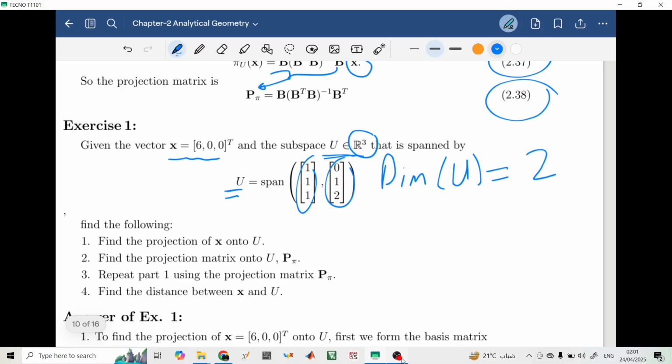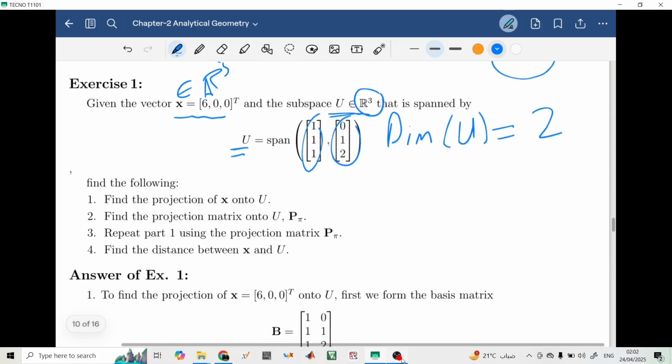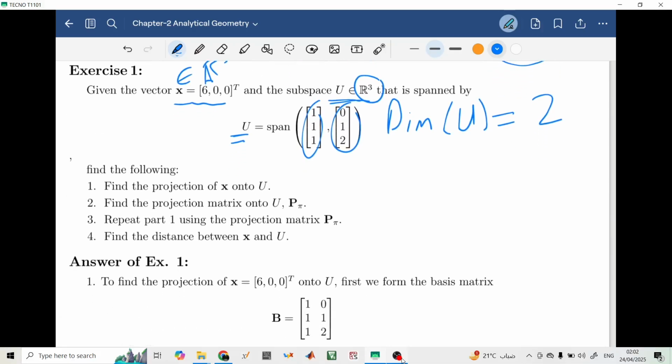Nonetheless, X here, of course, belongs to R3 because it has 3 components, and its projection belongs to U and R3, of course. Why? Because U also belongs to R3. Now, what you want to find is the projection, right?